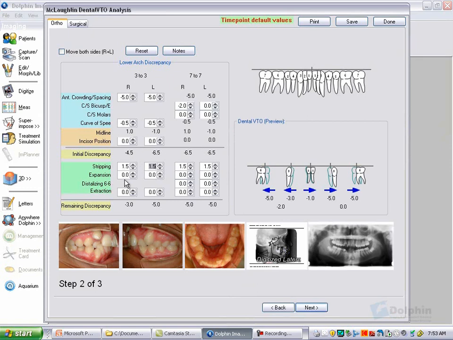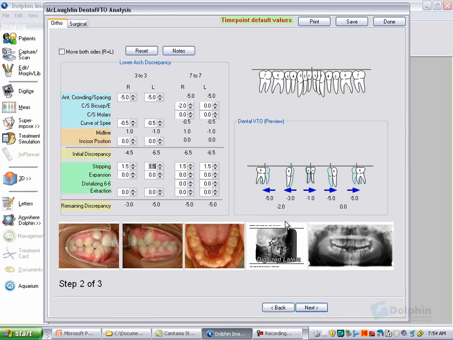Where we are at this point now is the lower canine needs to be retracted 3 millimeters on the right side, and the lower canine needs to be retracted 5 millimeters on the left side. So this information under remaining discrepancy, the total problem that we have with our diagnosis and treatment planning, is recorded as a -3 and a -5.